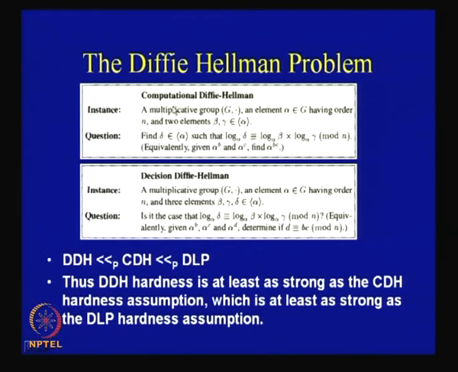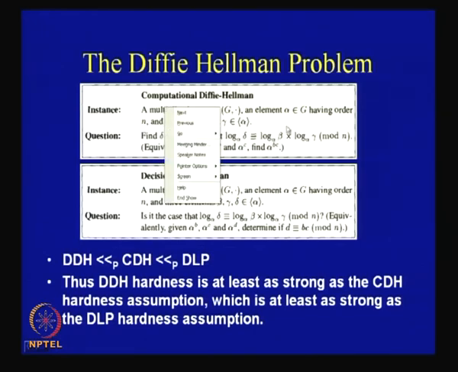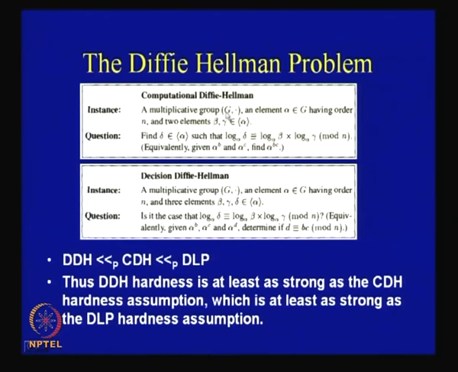In this case we are provided with a group G, where the product is defined as dot. We are provided with an element alpha which belongs to G and has an order of n. We are provided with two elements beta and gamma which belong to this group. We know that beta is alpha raised to some value and gamma is also alpha raised to some value.